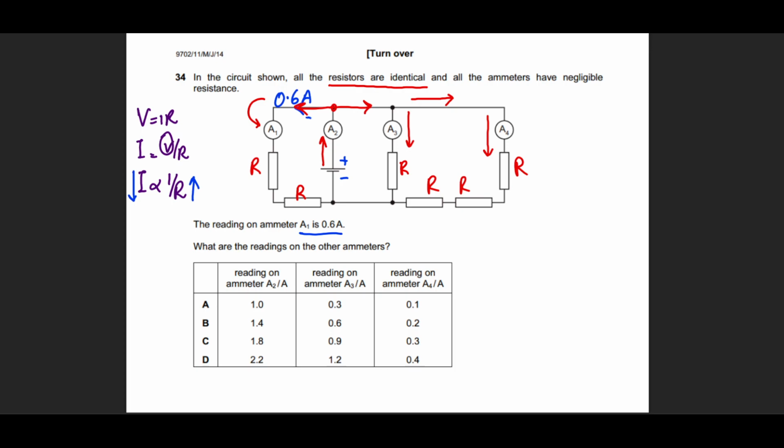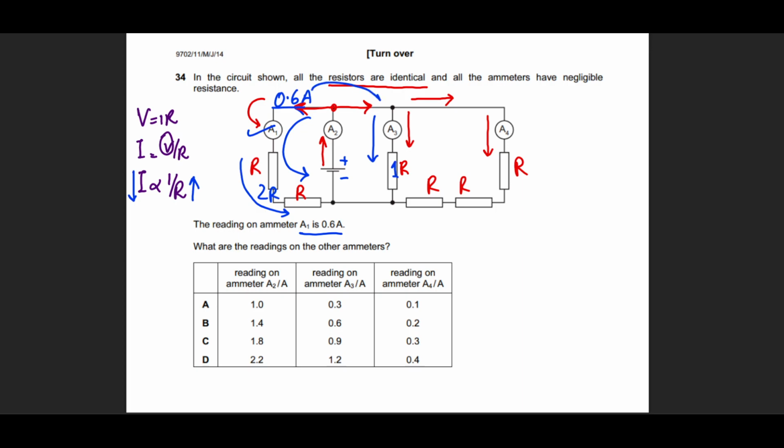So if in this branch there are 2 resistors and the current is 0.6, in this A3 branch I can see only 1 resistor, which means that the current should be doubled in comparison to this branch, right? Because the resistance is halved. Why? There are 2 resistors, so the resistance is effectively 2R. In this branch, it is only 1R.